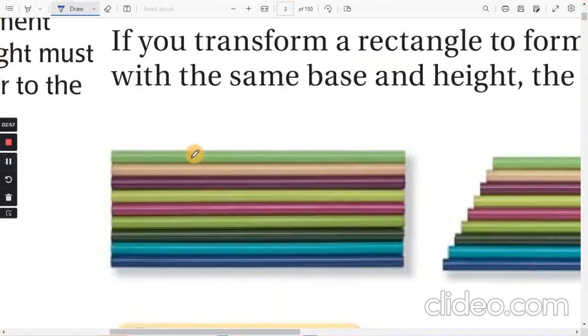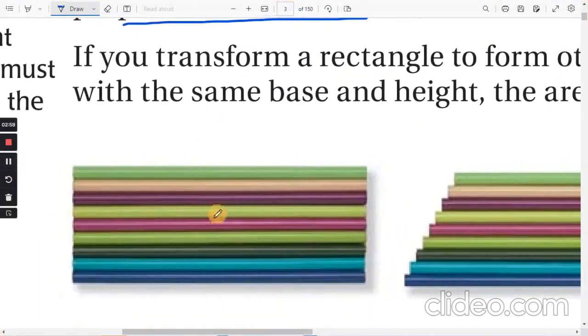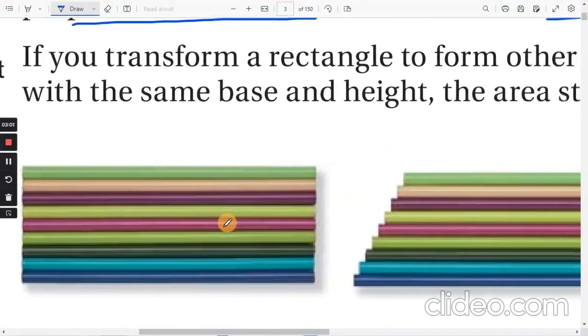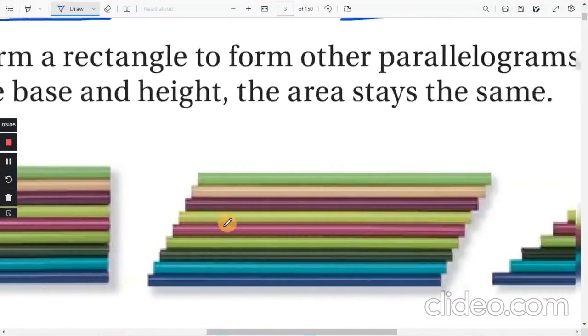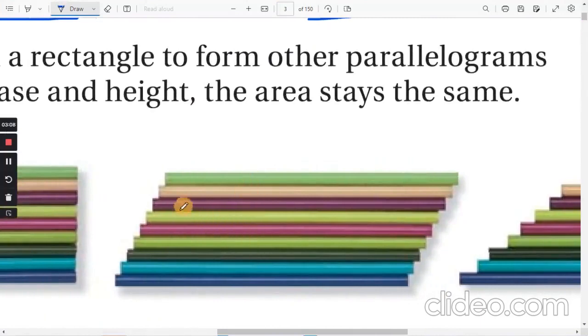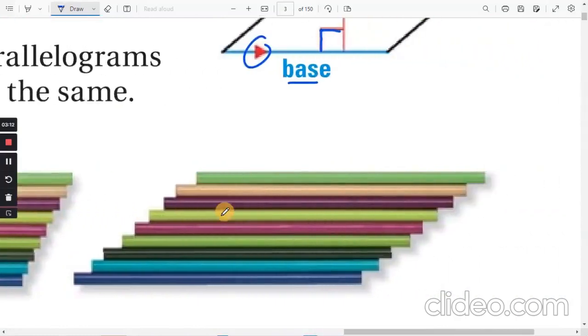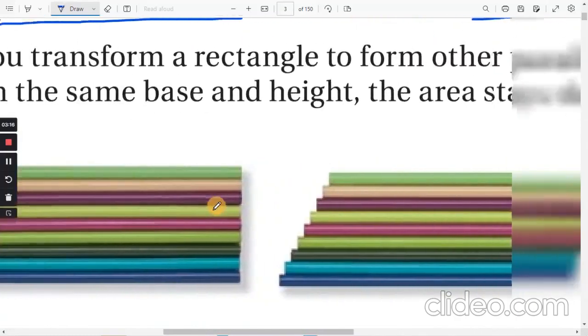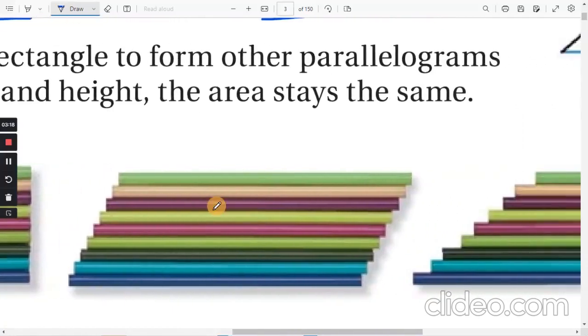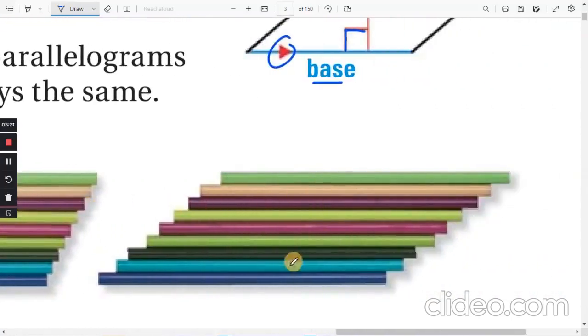Now here they're just showing you, if you start with a rectangle and start sliding these layers to one side, you can form a parallelogram. But the area does not change. You started with a rectangle, you slide these layers to one side and it becomes a parallelogram.